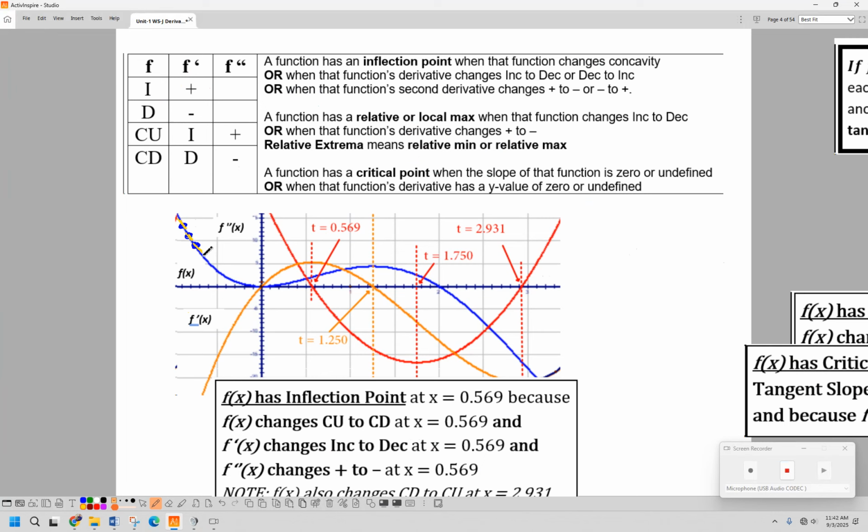You can say that the slope in this region is also increasing because this slope is less negative than this slope, which is less negative than this slope. So the slopes are increasing. When the slopes, little by little, are increasing, you can also say that this curvature is concave up.